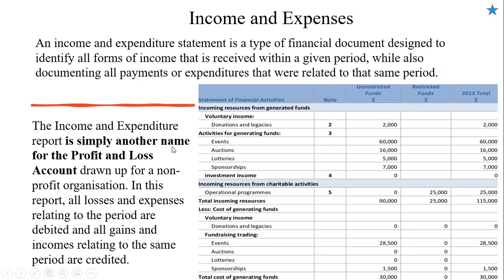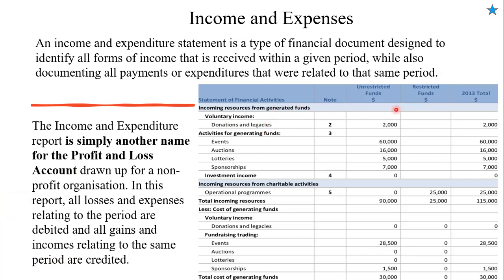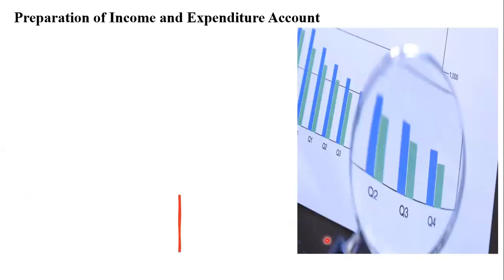So the income statement is simply another name for profit and loss, and this is a typical non-profitable report, and they clearly put unrestricted and restricted funds separately, so that's easy to identify.